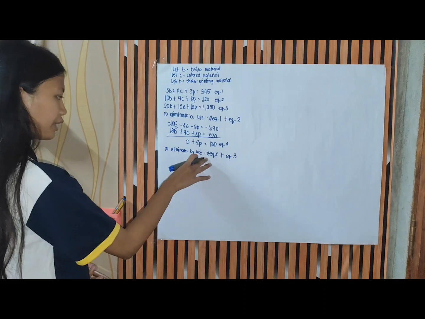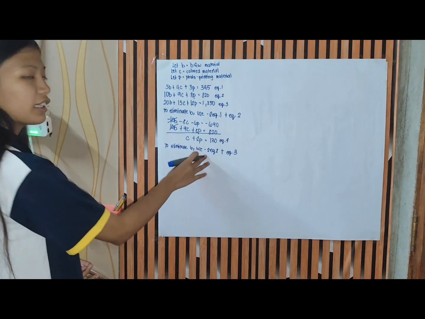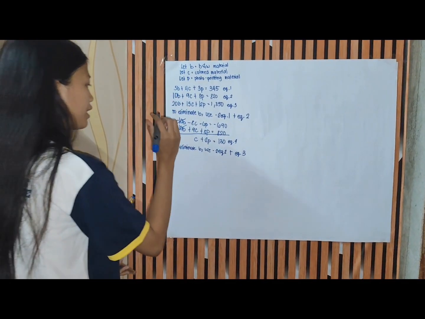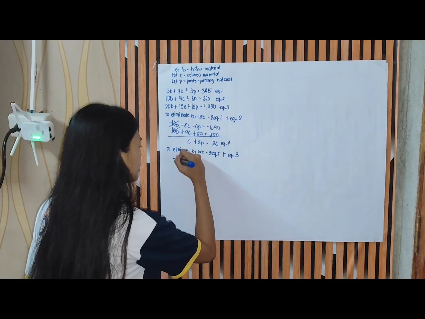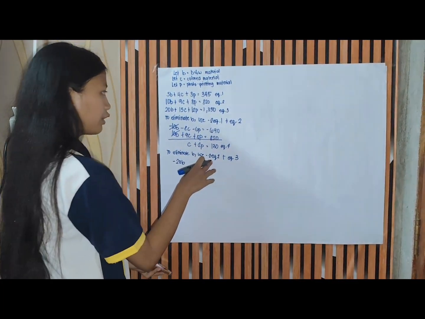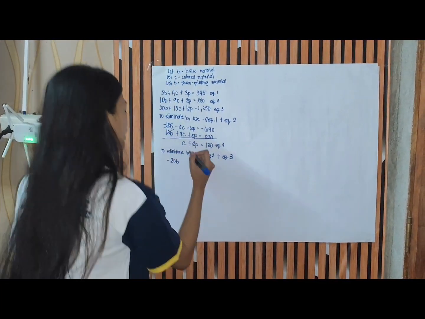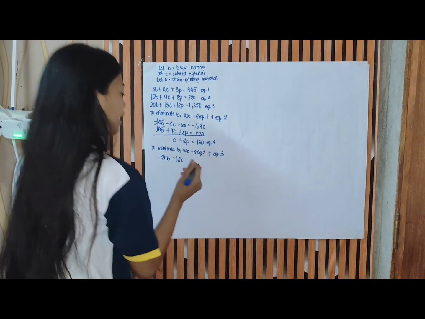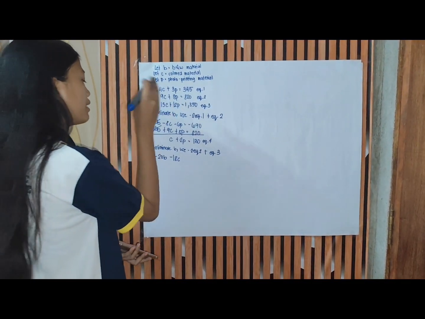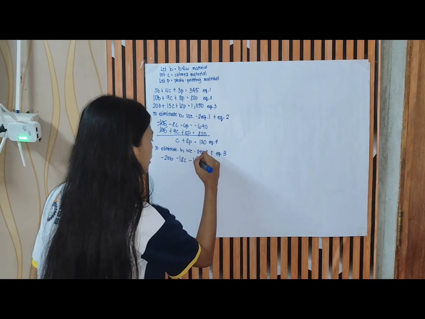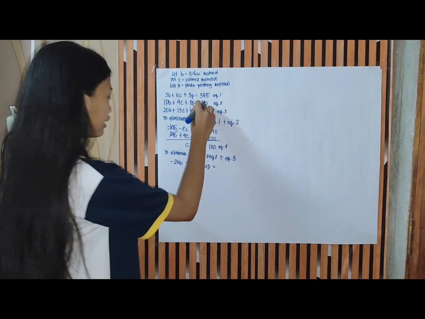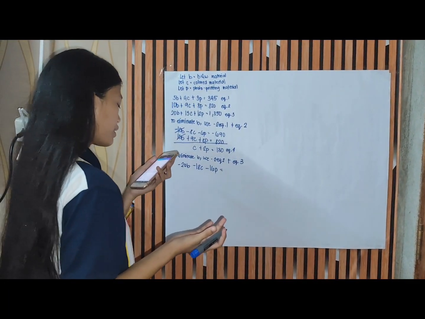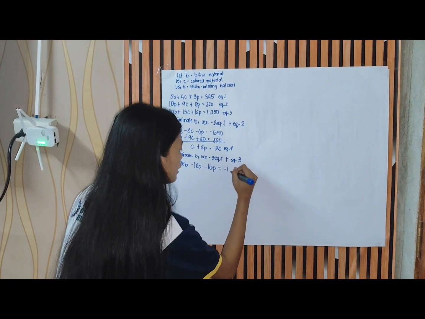Again, distribute this to equation 2. -2 multiplied by 10B is equal to -20B. -2 multiplied by 9C is equal to -18C. And then -2 multiplied by 8P is equal to -16P. Then 820 multiplied by -2 is -1,640.